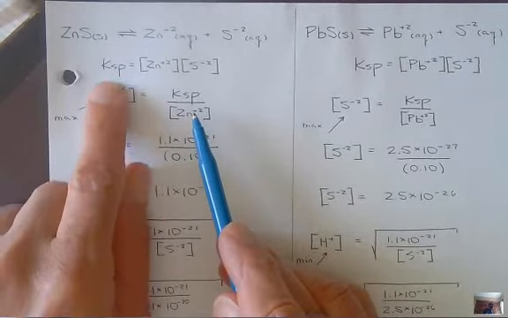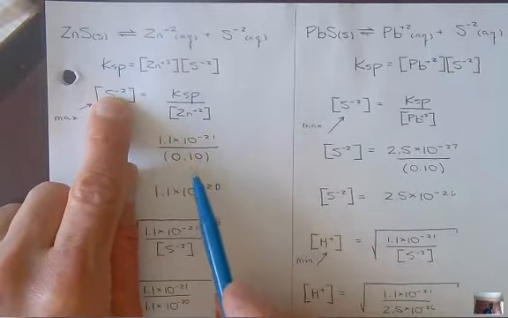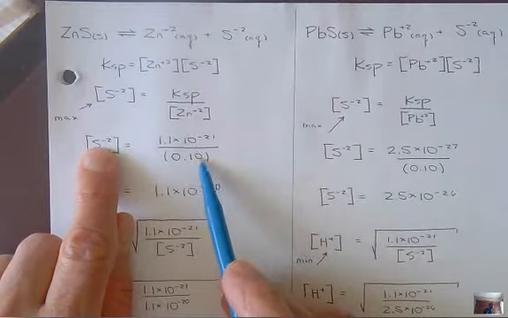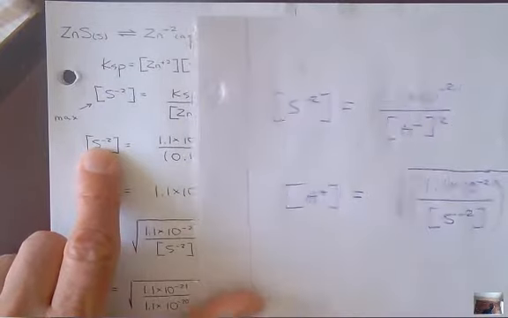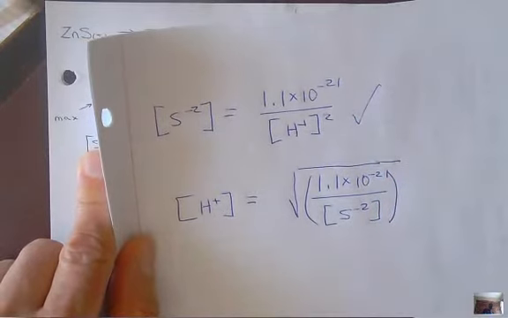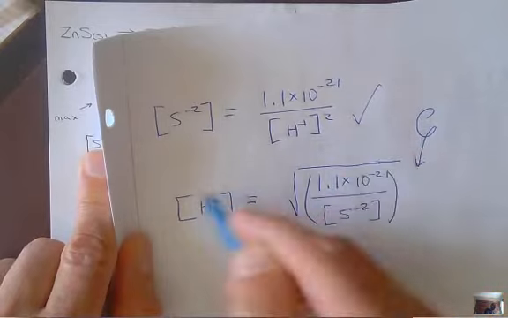The maximum amount of sulfide that can stay in solution is Ksp divided by 0.1. That's the sulfide ion concentration, and it is directly related to the hydrogen ion concentration as long as I keep the bubbler on. So if I rearrange it, this is the one I'm going to use.